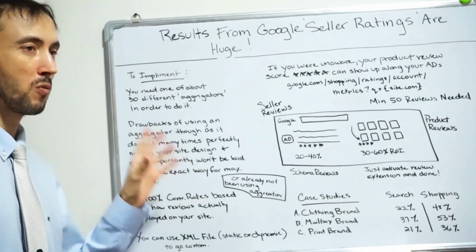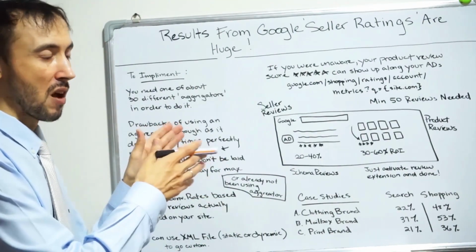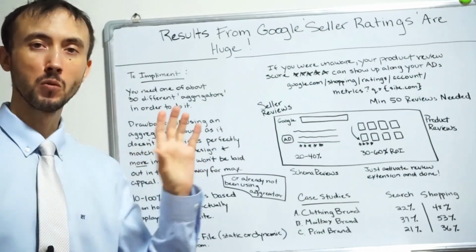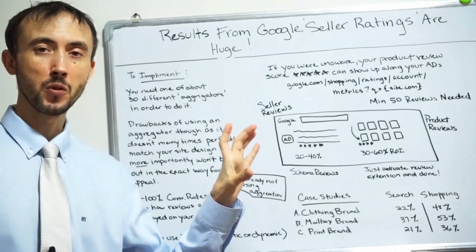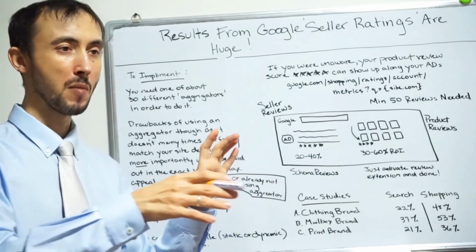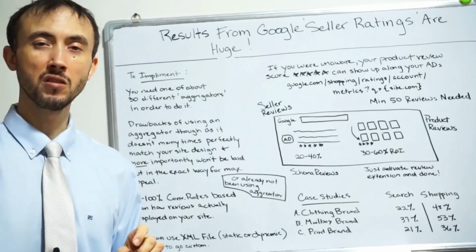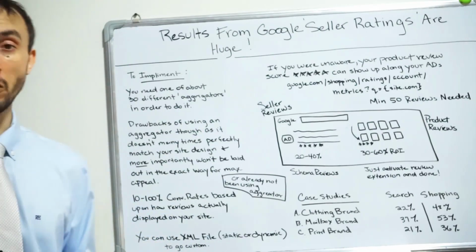In other words, the way you most likely want to do it is to have your programmer make an XML file, so all the reviews that come through your site, the way you have it set up to take reviews, go into an XML file. That XML file URL gets submitted to Google through Google Merchant Center, and then they have your reviews.